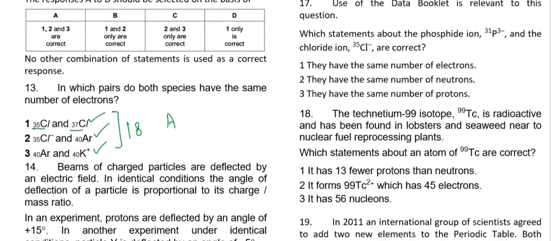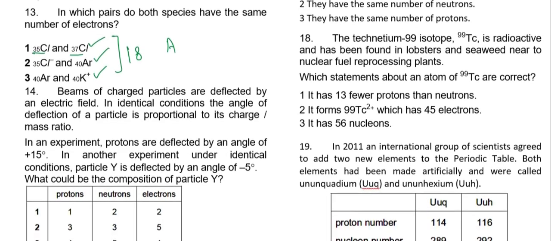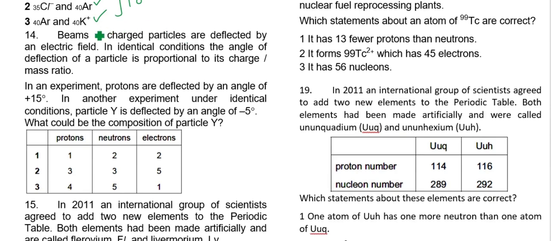Next, he says that beams of charged particles are deflected by an electric field. Again, this is just information but not related. Here it is helpful: in an experiment, protons are deflected by an angle of 15 degrees. Remember, protons are heavier than electrons and are oppositely charged as well.